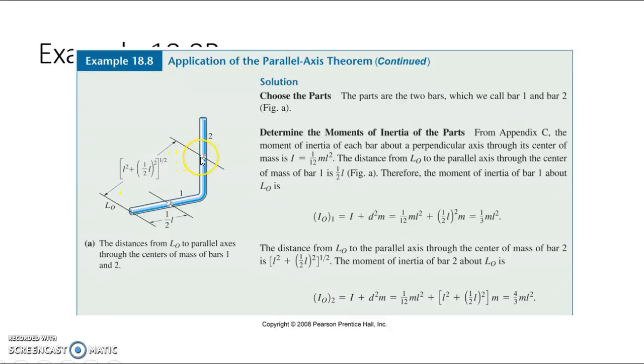So now to find d, we just take the square root of that summation. Simple Pythagoras theorem. So now I have my d in terms of a known quantity L.